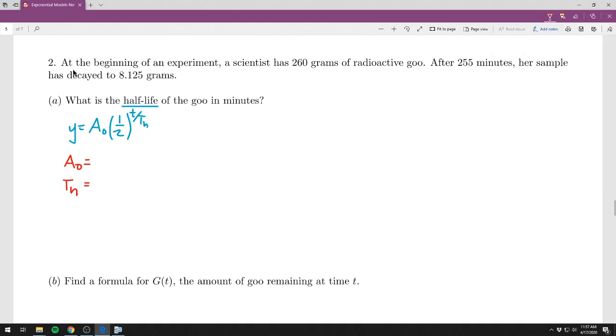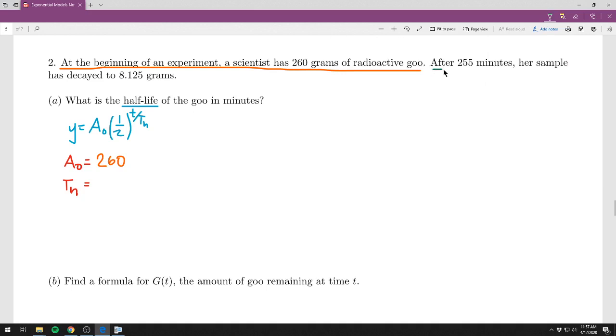Well, if you read the question here, we're told what happens at the beginning. At the beginning, a scientist has 260 grams of this goo. It's telling us at the beginning, our mass is 260. Okay. So we've got that.